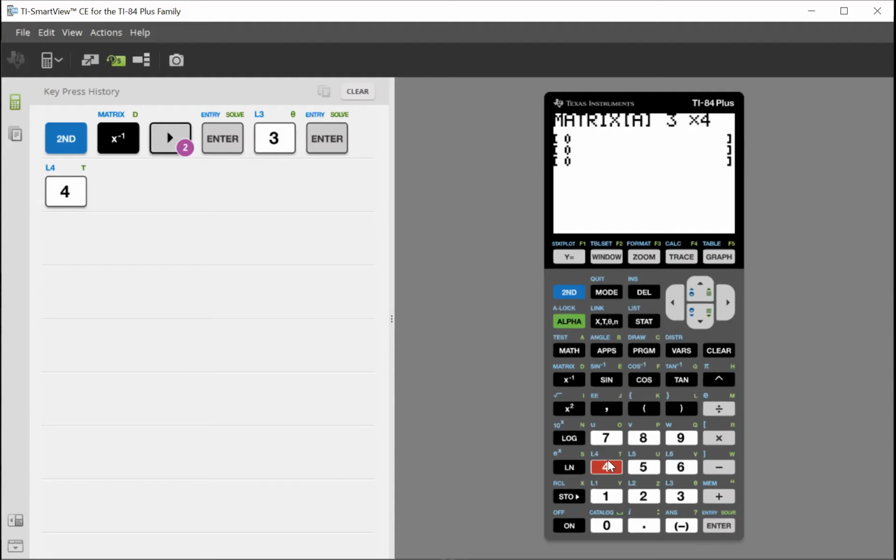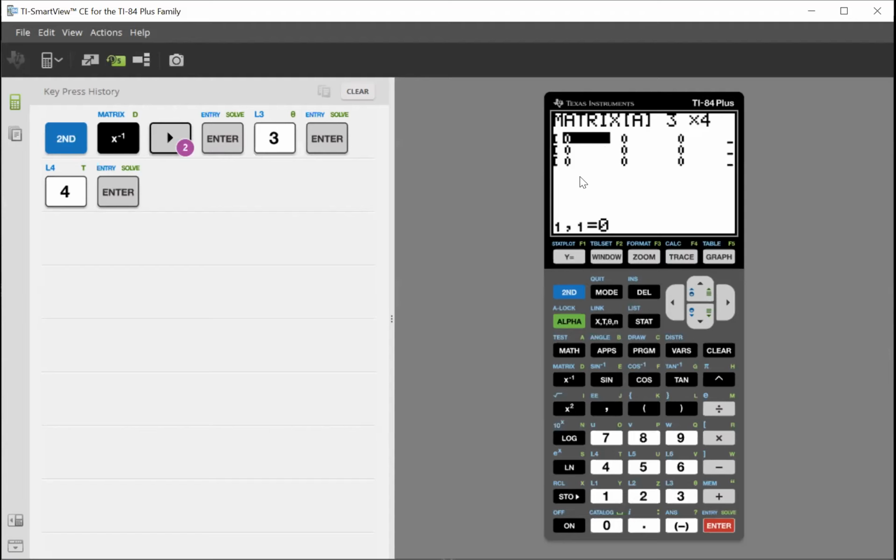So y'all should be seeing something similar to me. Matrix 3 by 4. Now when I hit enter, it brings up all the places where I'm about to put numbers. This first column will be our X's, second column will be where we put the Y's, and so on. It starts with the first equation.